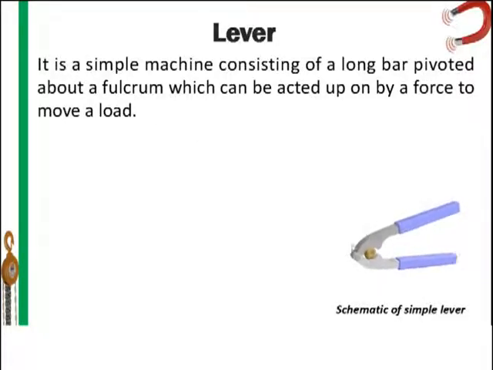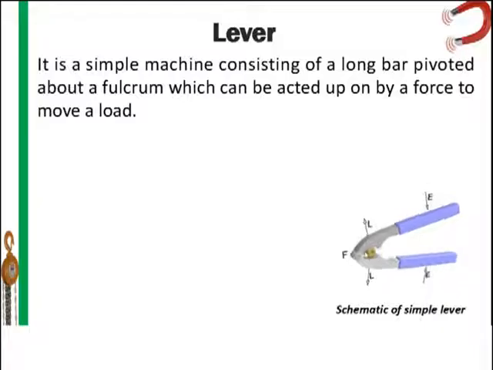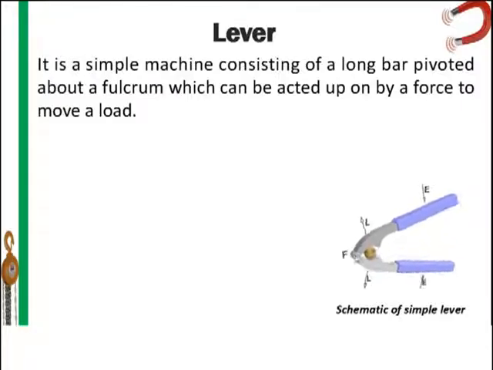In this animation, you can see the long bar represented by the arm of this particular nutcracker, and the fulcrum is represented as F at this point. So when we talk about levers, we're really talking about long bars which are pivoted about a fulcrum, which can be acted on by a force to move a load.